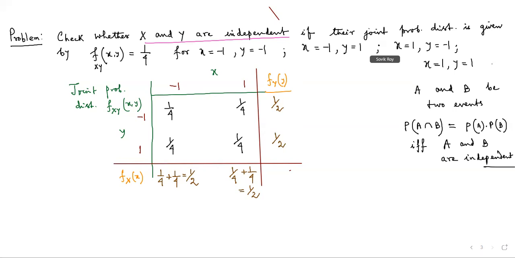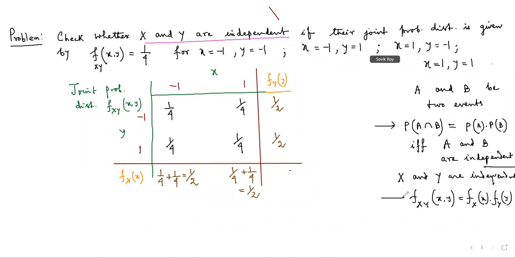Okay. Now, if we want to show that x and y are independent, where x and y have a joint probability distribution, then we need to check f of x comma y must be equal to f of x into f of y, in parity with this particular definition.